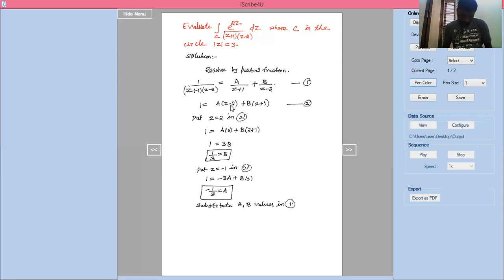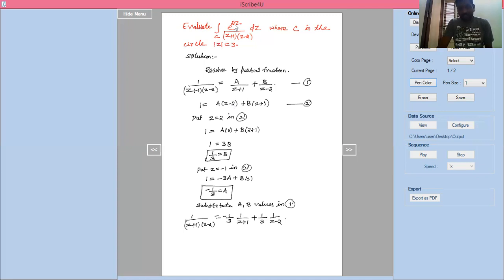If you substitute the a and b values in equation 1, 1 divided by (z plus 1) into (z minus 2) equal to a value, which is minus 1 by 3 into 1 divided by z plus 1, and b value, which is 1 by 3 into 1 divided by z minus 2. Here I have separated the partial fractions.